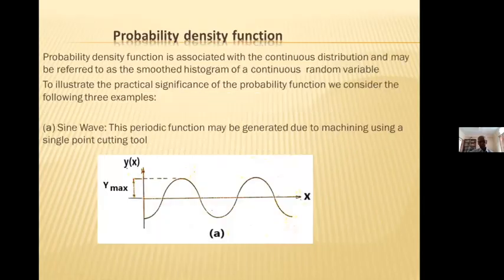Now, let us look at the practical application of this function in engineering practices.